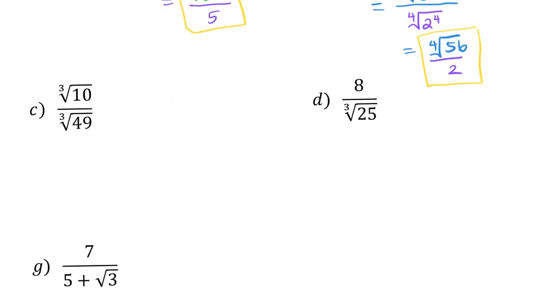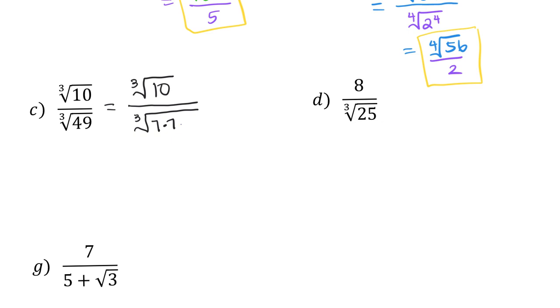Okay, third root of 10 over third root of 49. 10 doesn't divide by 49 for sure. The other thing is I don't want to multiply it by 49 to the second power. So let's rethink this. I'm going to rewrite this. 49, I already know is 7 times 7. How many more 7s do I need to make it 7 to the third?